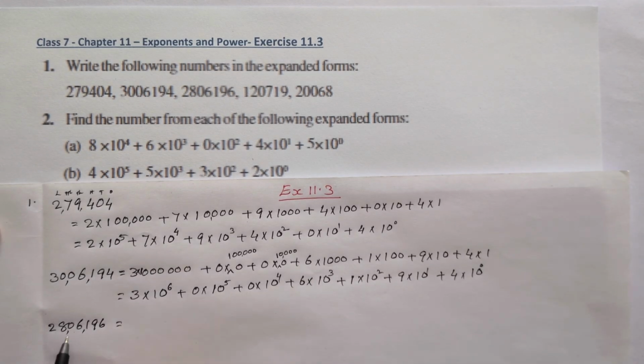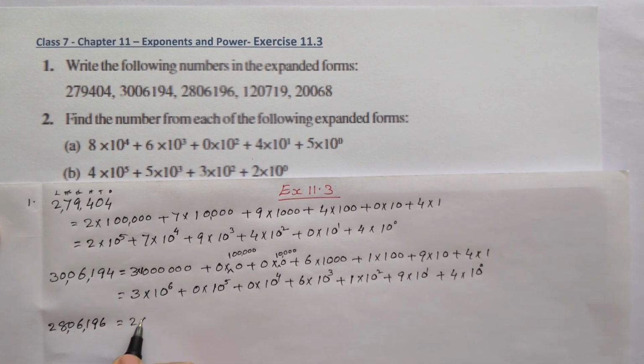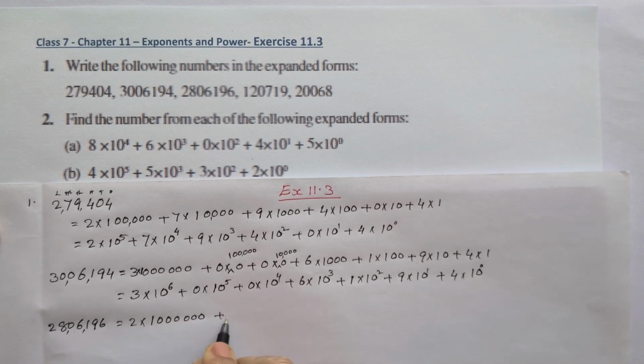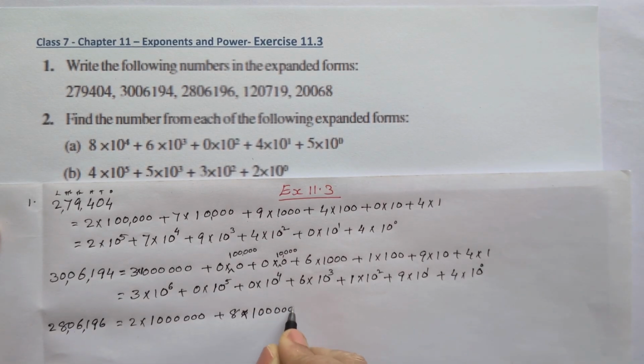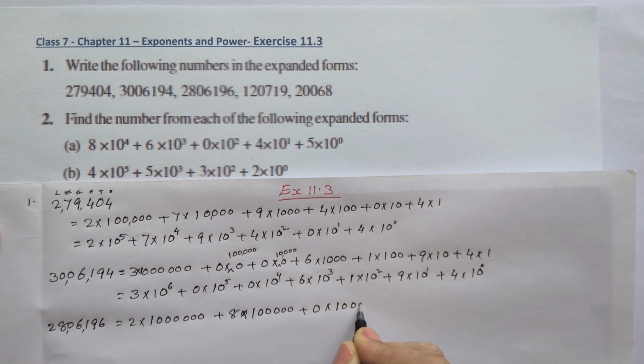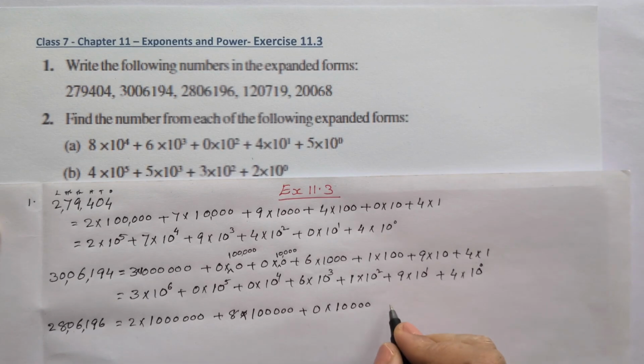Next number: here 2 is coming, 1, 2, 3, 4, 5, 6 zeros. So we can write that, plus 8 into here 5 zeros, plus 0 into 4 zeros. How many places are there after that digit? That many zeros.